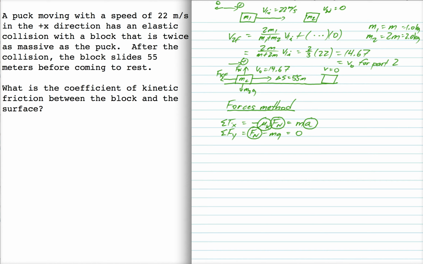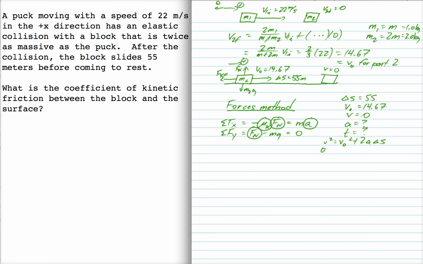Okay, well, it's not much of a surprise, but if I want to find the acceleration for this part 2 here, I've got enough information to do that. So if I want to find the acceleration, then I would just use the equation that doesn't have t in it, and that is v squared is v0 squared plus 2a delta s.